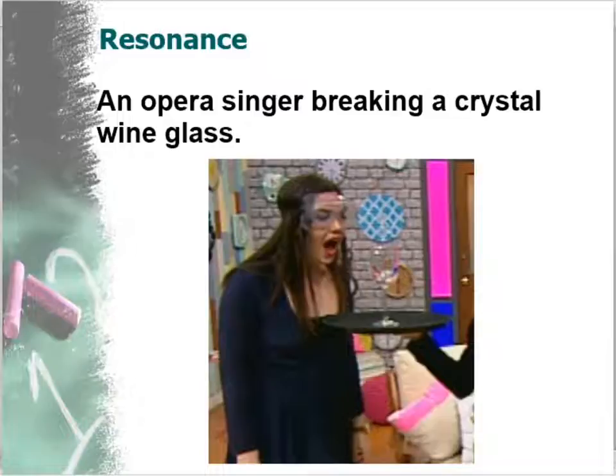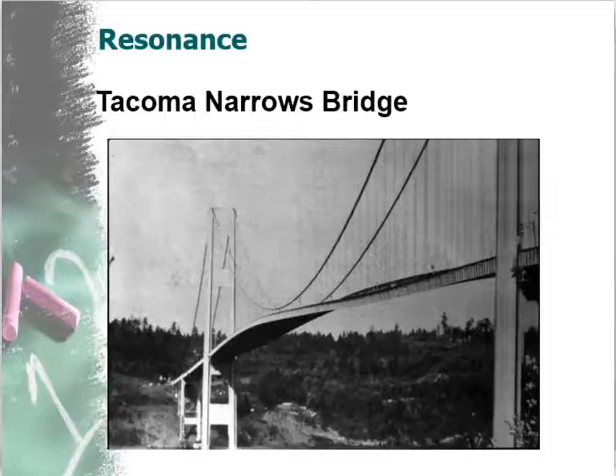Another example you might have run into is a very famous bridge disaster, the Tacoma Narrows Bridge. This bridge failed not too long after World War II, if I remember right, about 1949 or so.